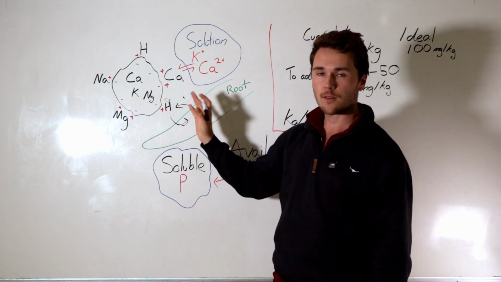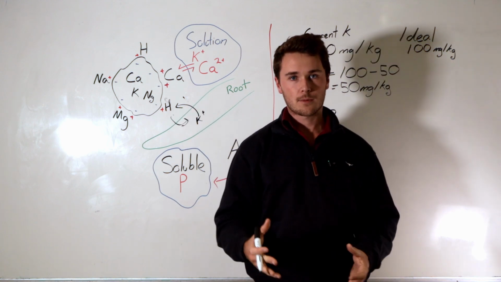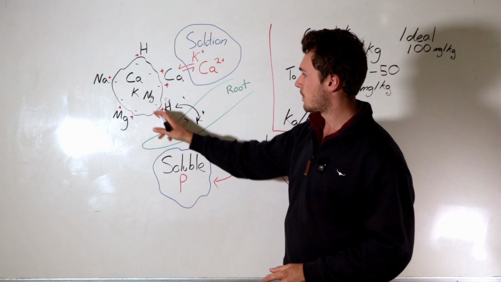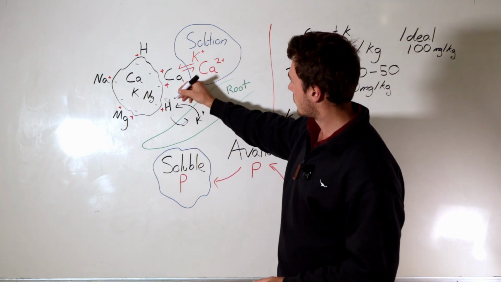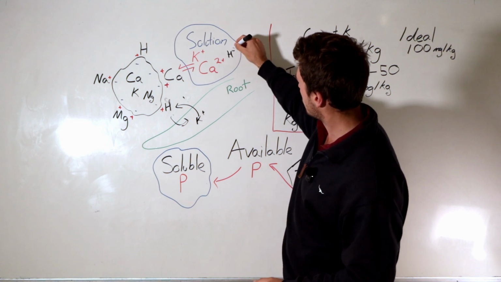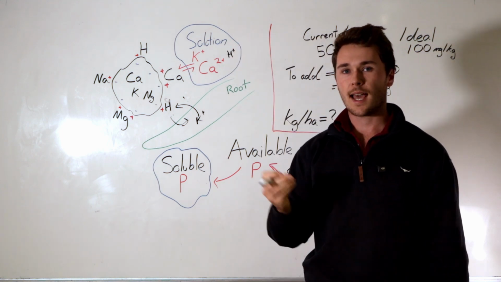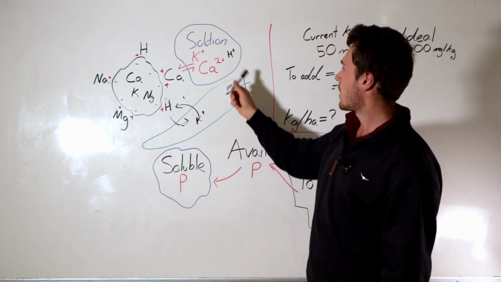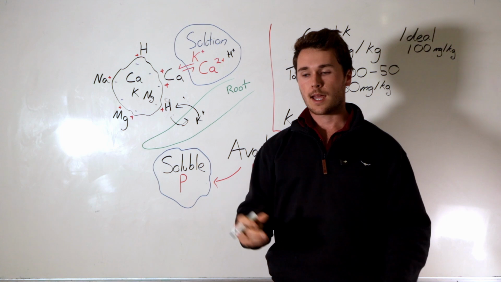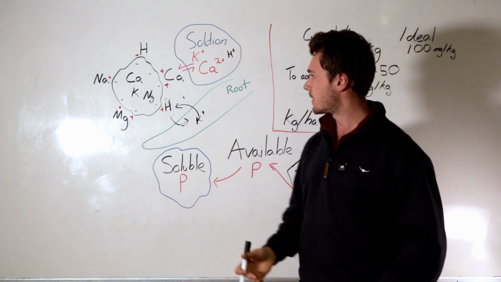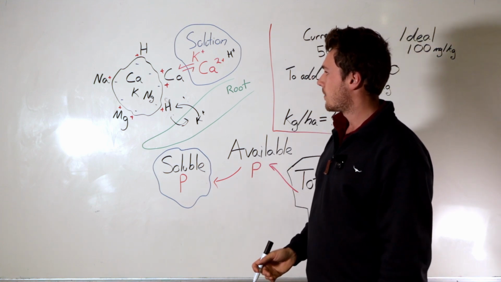But over time, if the weathering process doesn't keep up and release that potassium to here, we're going to get a buildup of hydrogen. Now that hydrogen over time releases into our soil solution, which causes acidity, or the pH. So the buildup of the hydrogen in the soil solution will increase the acidity and lower the pH, and that's pretty much it.